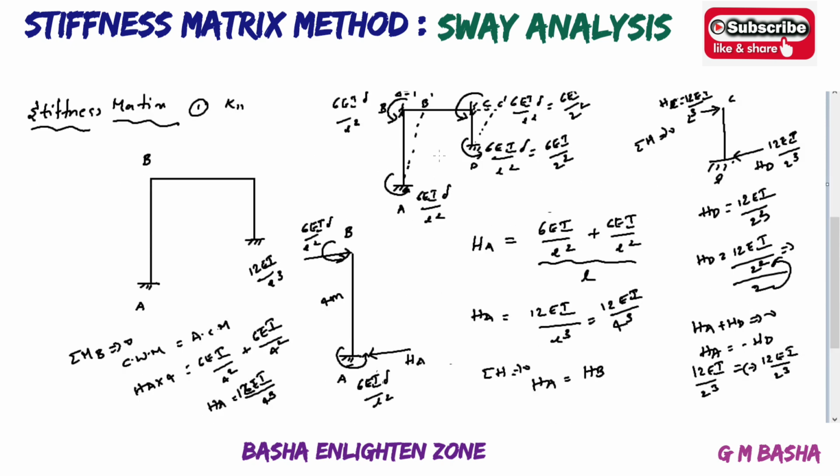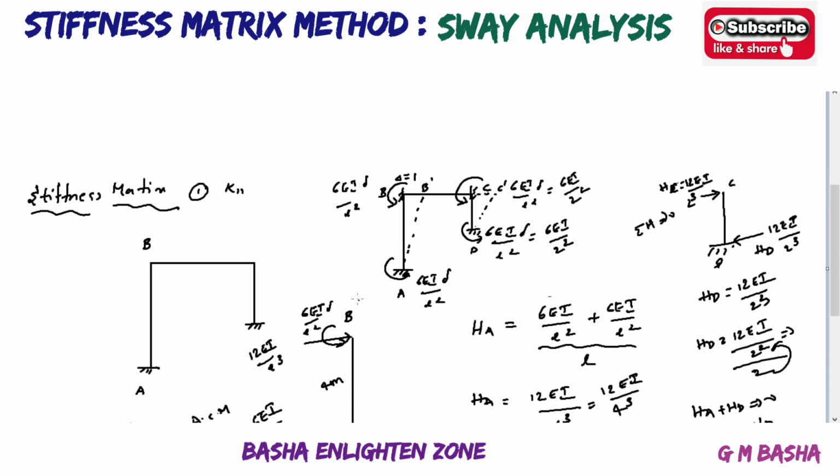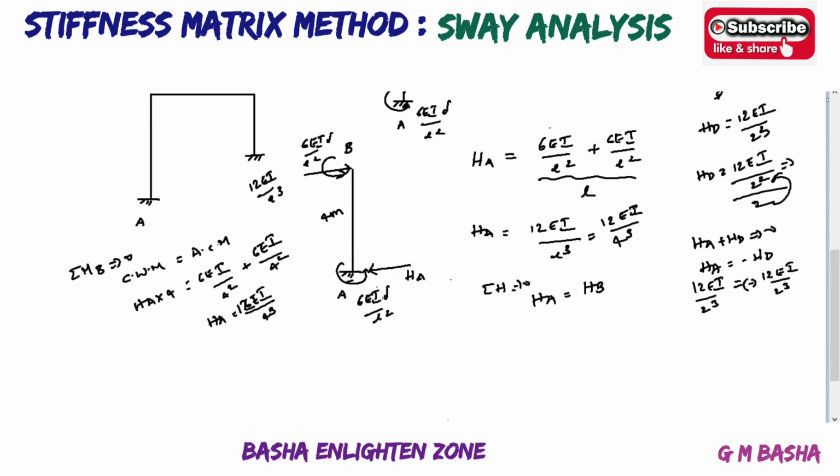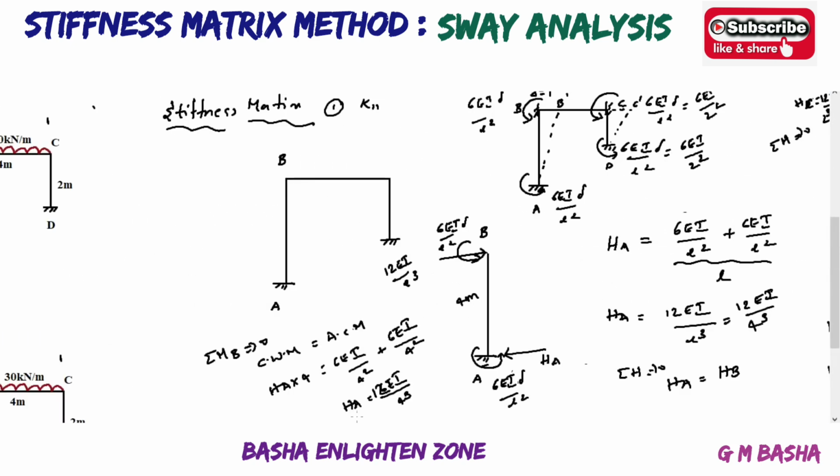So finally, what you are observing is 6EI delta by L square based on the sway rotation and 12 EI by L cube. So finally, I will take down all the elements here in this particular diagram. See here, two moments are acting, that is 6EI by 4 square.